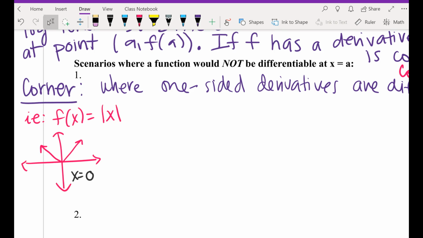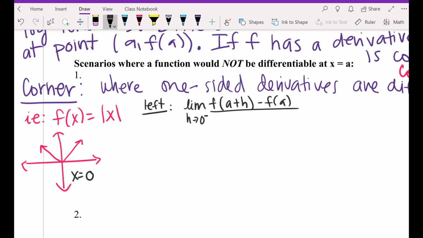Now, how do we prove it? We're going to use the left and right hand limits. So we're going to start with the left hand derivative. By definition, the left hand derivative is the limit as h approaches 0 from the left of, what's the formula? f of a plus h minus f of a, all over h.